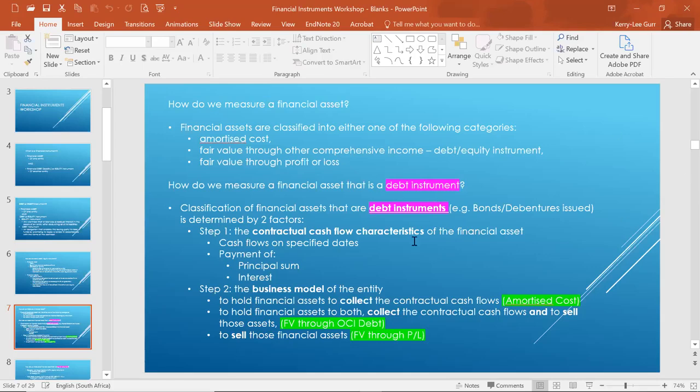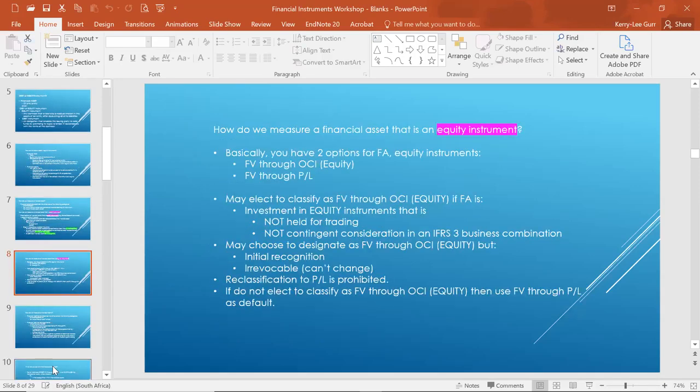Okay, so it's a lot to think about. As you can see with financial instruments, there really is a lot to consider before you even get to the point of providing your journal entries and even doing your workings in this case. So you do need to be mindful in your question and really keep going through all of these steps in your mind as you go through the question. Because if you skip a step or you just try to go straight into journal entries or workings, you might not have done the correct classification.